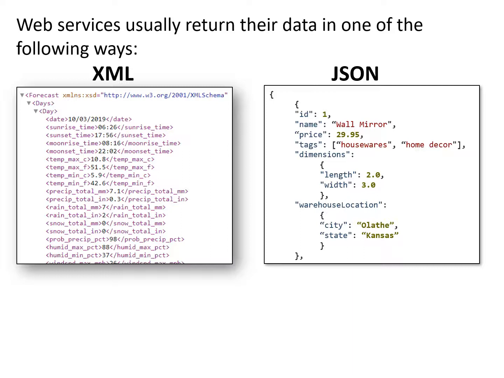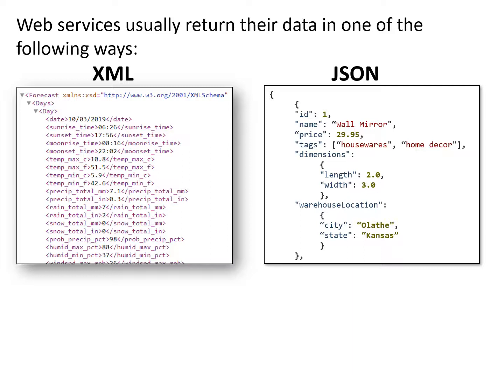And then that temp max, and that's in Celsius, but then we can go one more down, temp max F for Fahrenheit. We see that was 51.5, so that was the maximum for that day. That data would go on and on and have a lot of information in it. It's not really a readable format, but that's one of the formats that our data can be returned in.